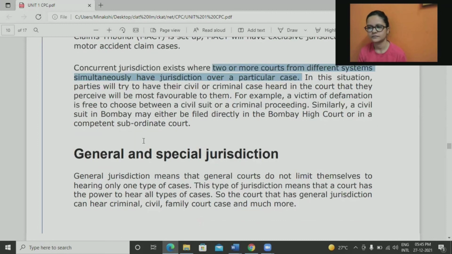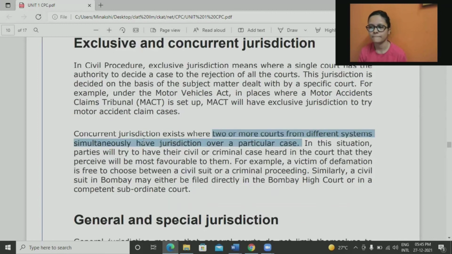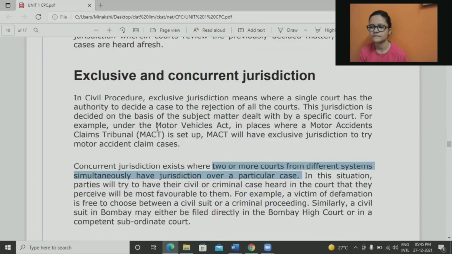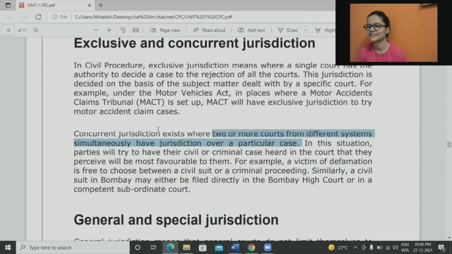Can we relate this to the KSLU case? Students had filed a petition both in the Dharwad and Bangalore benches. Yes, both are going on. You can mention that. Both are pending, right?